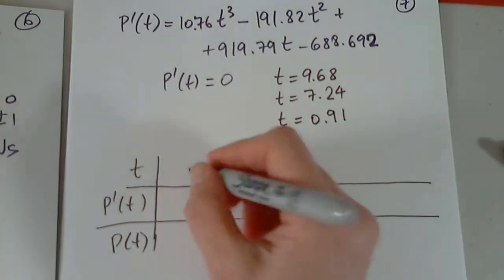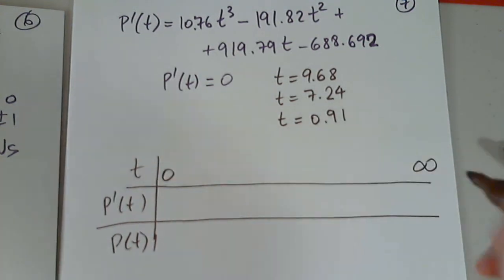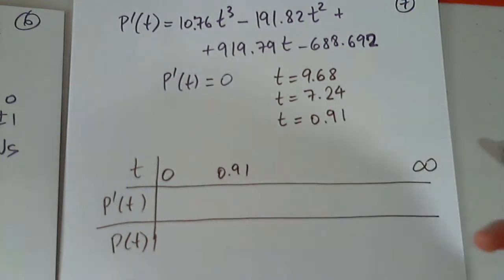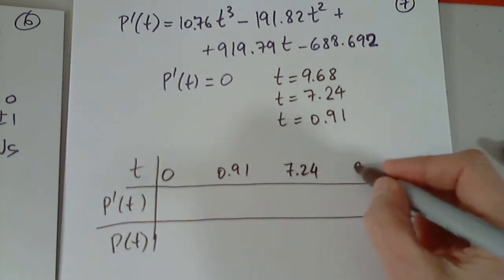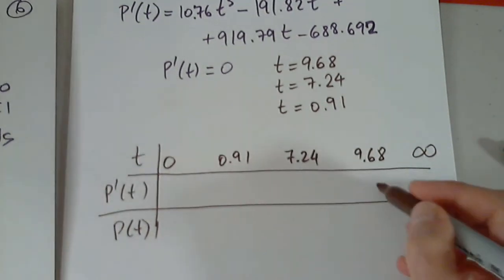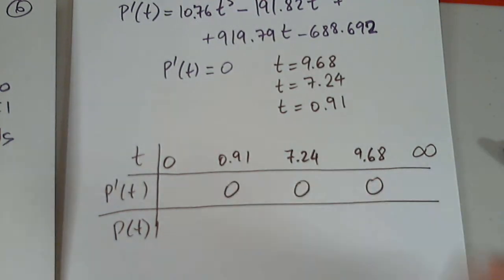So we have the intervals 0 to 0.91, 0.91 to 7.24, 7.24 to 9.68, and 9.68 to infinity. If I don't study the sign of this polynomial, I will not know.